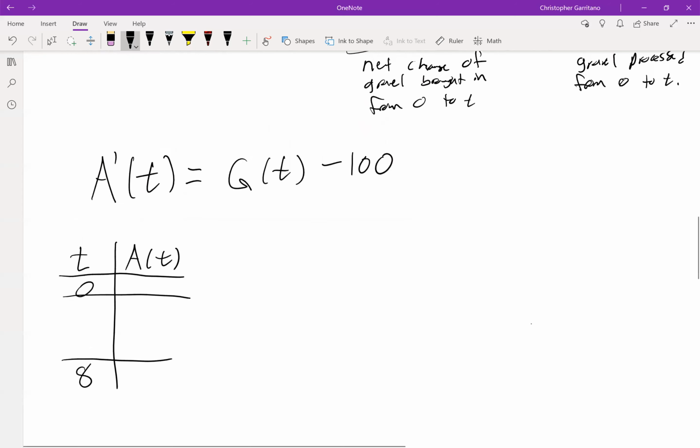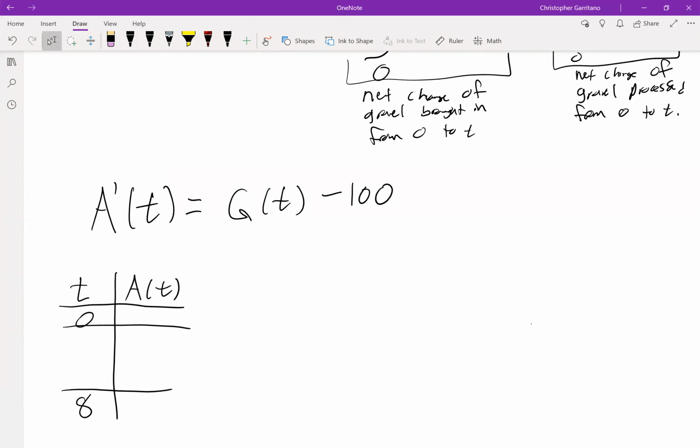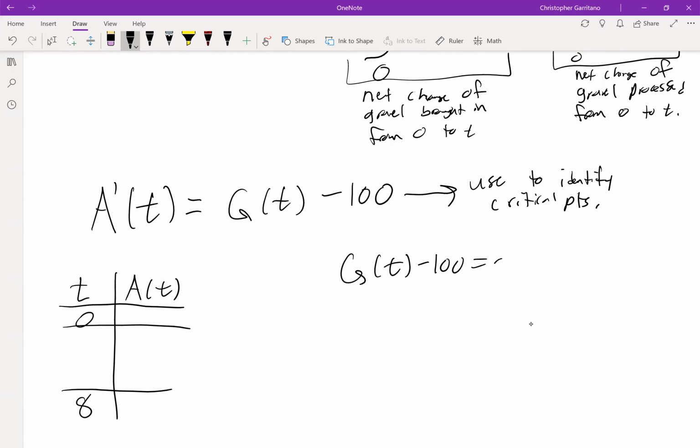What we're going to do with our derivative function is we're going to set it equal to 0 and we're going to set it to be undefined because that's going to help us identify our critical points. So let's use this to identify critical points. All right, so A prime of t equal to 0, g of t minus 100 equal to 0.